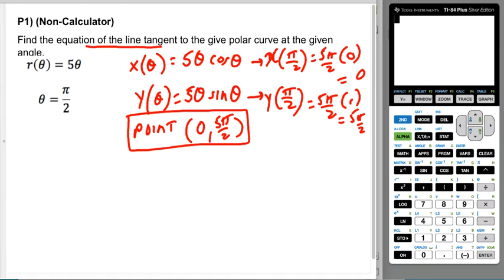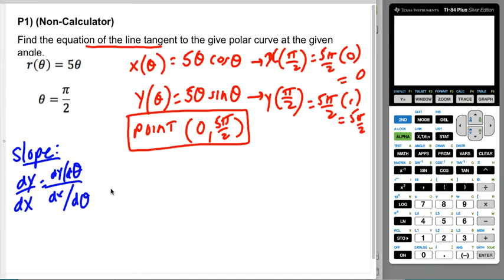Then I need a slope, right? So my slope is going to be dy/dx, but we know that that's dy d theta, which is a product rule, over dx d theta. And again, I don't have the formula memorized. If you're the person who does, great. So for dy d theta, there's my u and my v, and here's my u and my v.